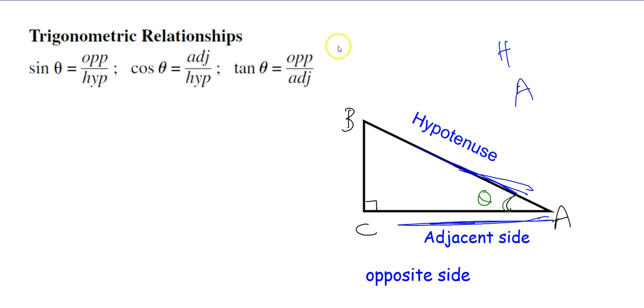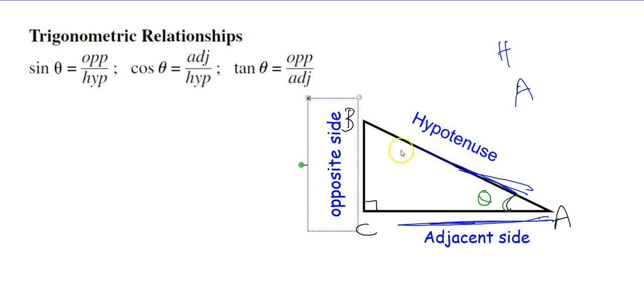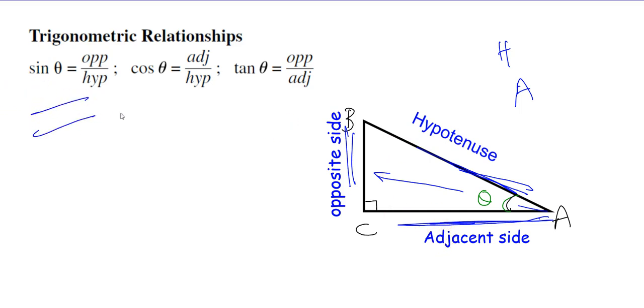Now thirdly, you can easily say the remaining side is the opposite side, and clearly you can see that it is all the way across from this angle A. So once you can identify the three sides of a given right triangle, you can go ahead and find your sine, cosine and tangent.